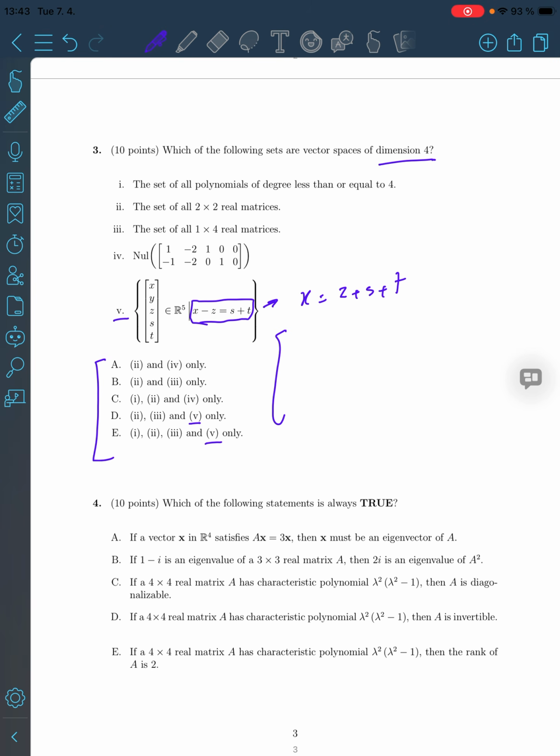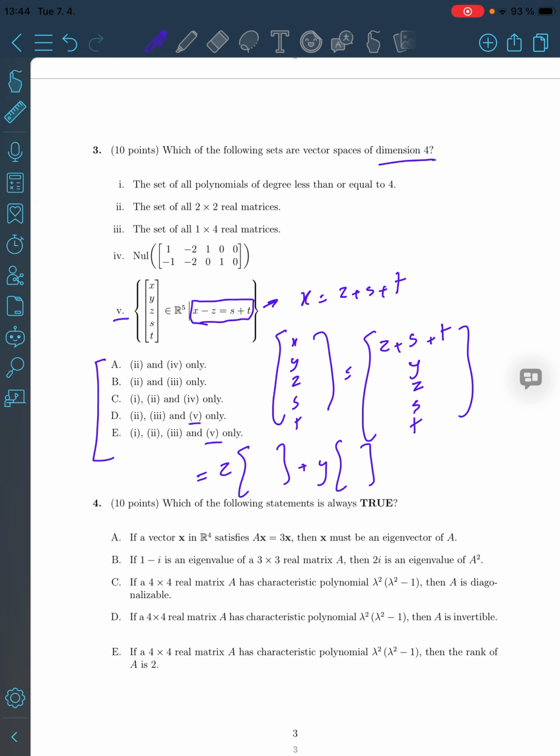Now one can see that any x, y, z, s, t can be written as, instead of x, you can just write z plus s plus t, and then write y, z, s, t. Now you can just factor z, which gives you a vector, then factor y, which gives you a vector, and then factor s, and then factor t, right?